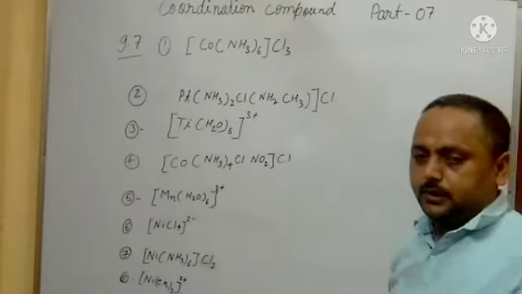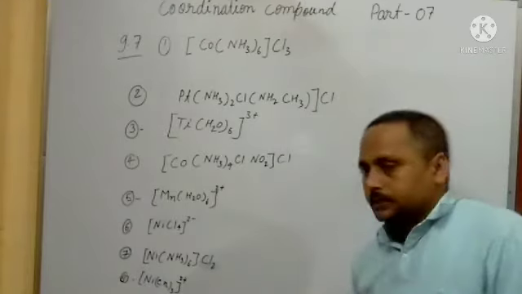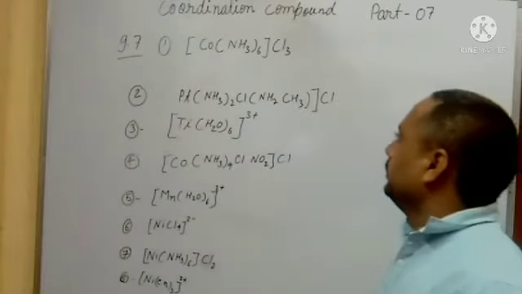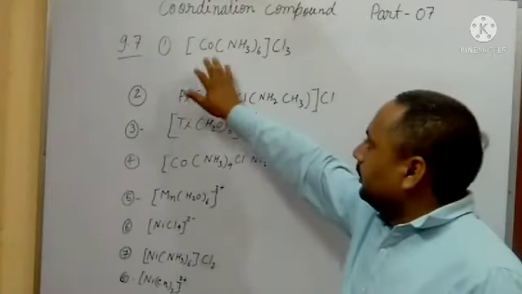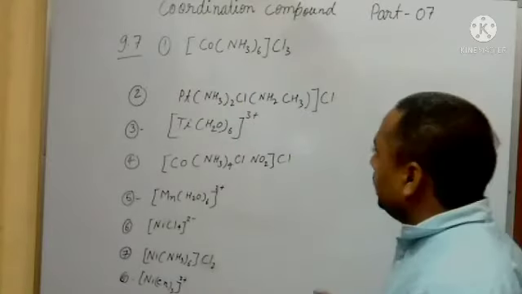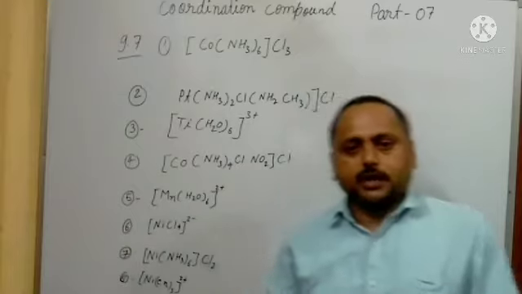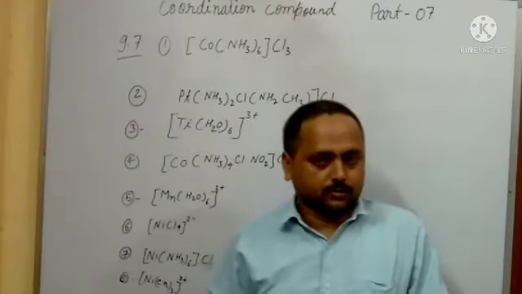Let us see how to write the name of compounds. This is a coordination compound. You might be remembering. I would like to summarize one more time how to write the name of a coordination compound.